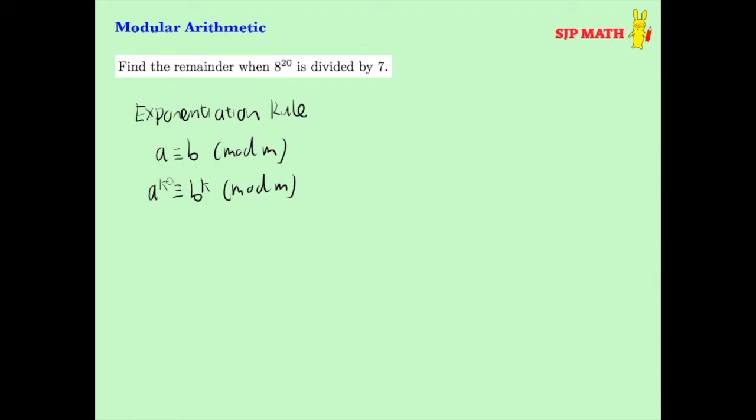So how is it going to help us solve this? We can see that this is about the exponents and this is about the exponents. So we can kind of see that it might help, but let's try it out first. Firstly, 8 is congruent to 1 mod 7 because 8 has a remainder 1 when divided by 7. Then what about 8 to the 20?